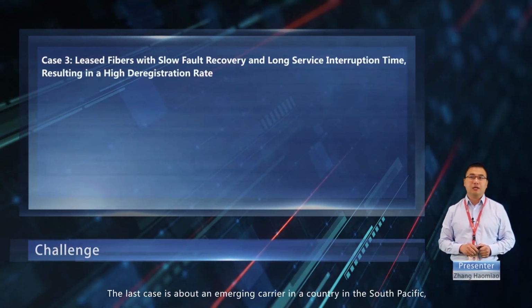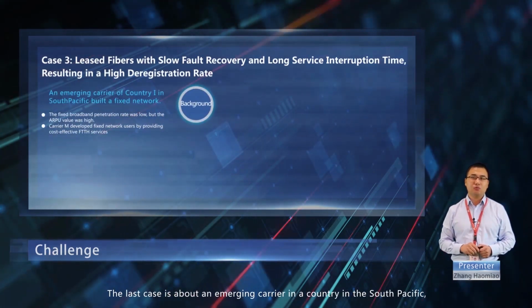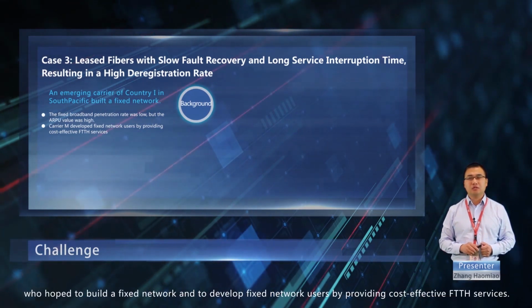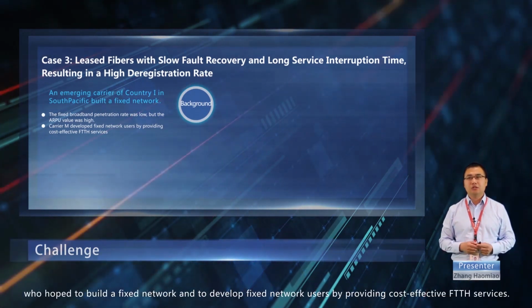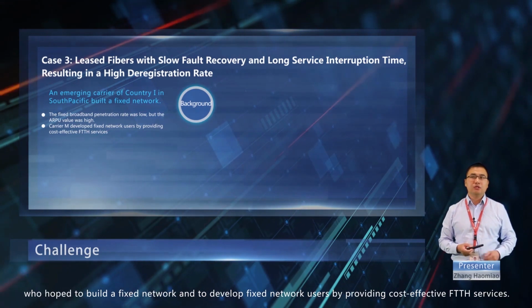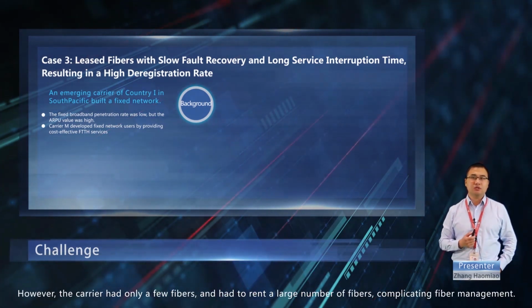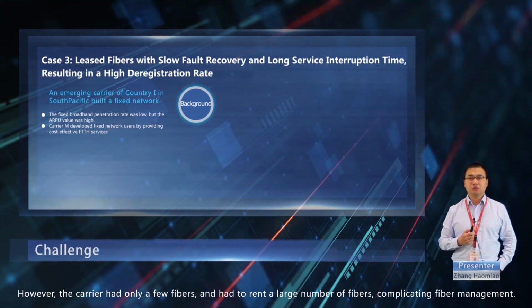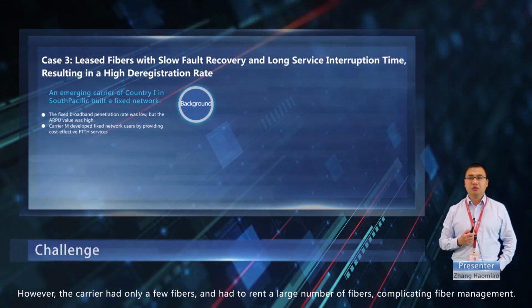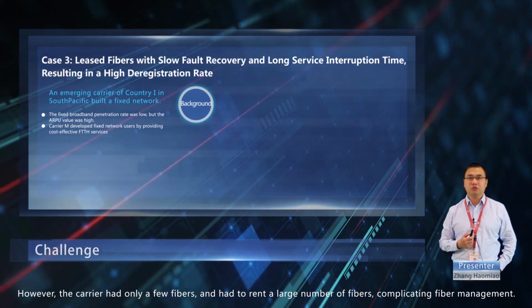The last case is about an emerging carrier in a country in the South Pacific who hoped to build a fixed network and to develop fixed network users by providing cost-effective FTTH services. However, the carrier had only a few fibers and had to rent a large number of fibers, complicating fiber management.